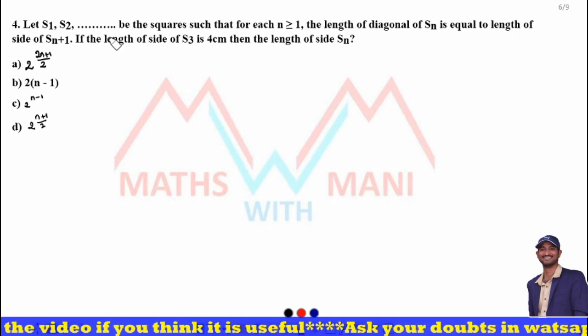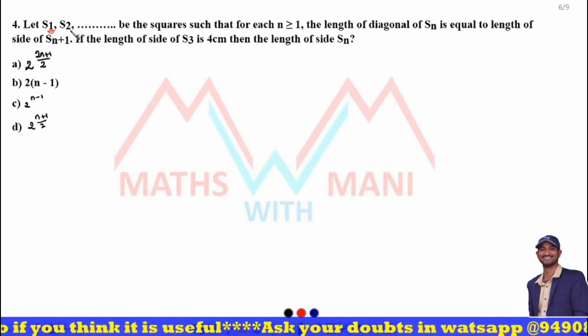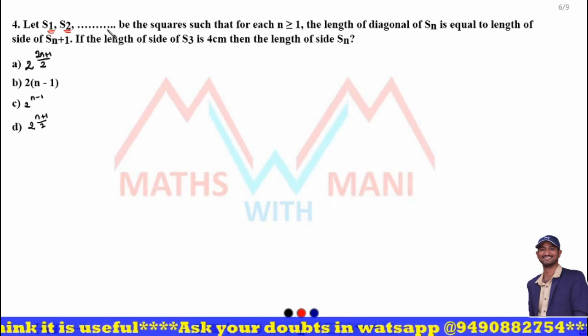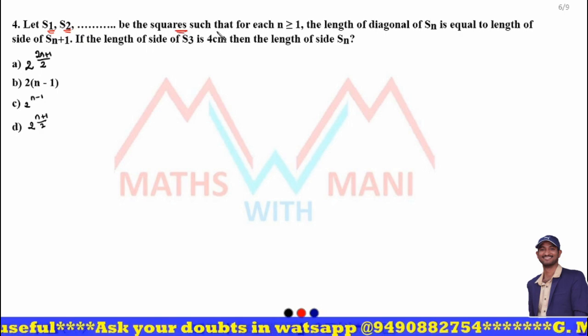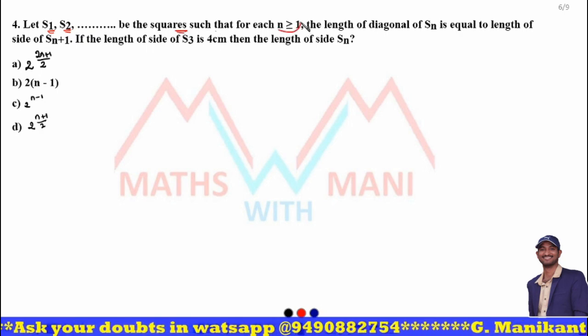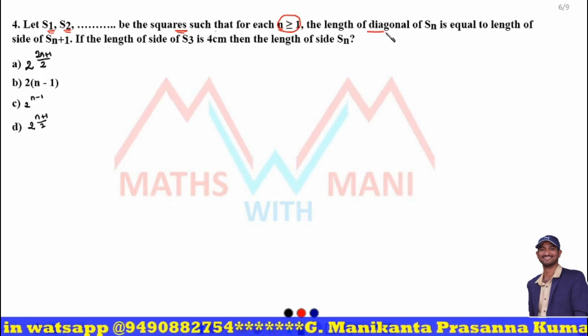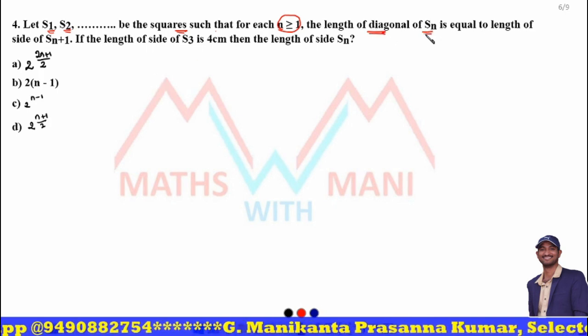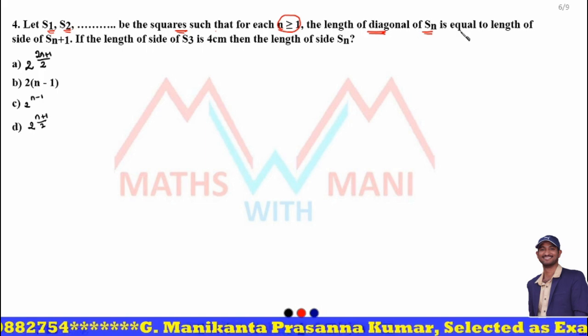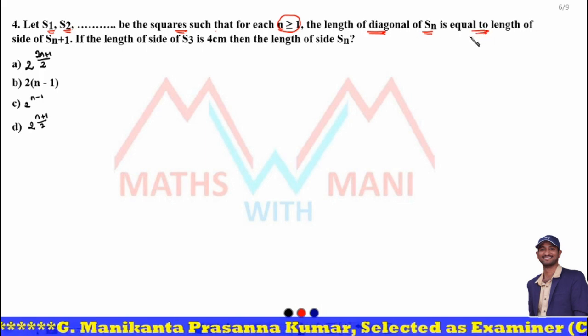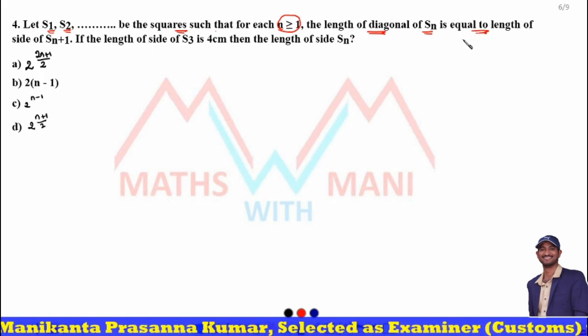See this. Let S1, S2 and so on be the squares such that for each n greater than or equal to 1, the length of the diagonal of Sn is equal to the length of the side of Sn plus 1.